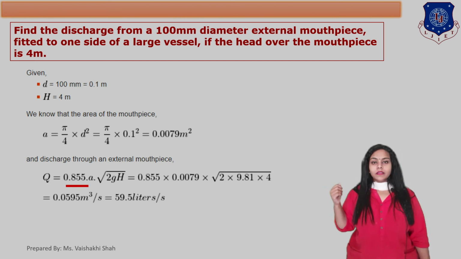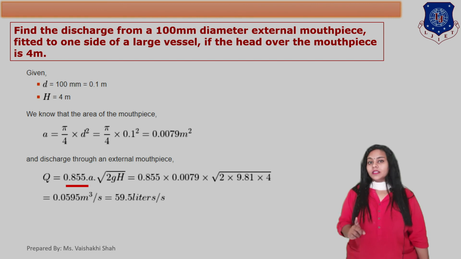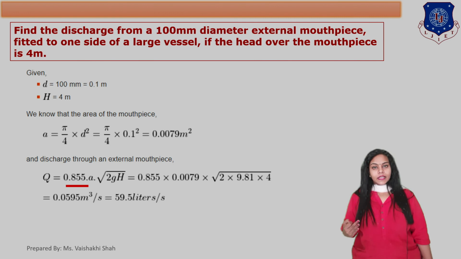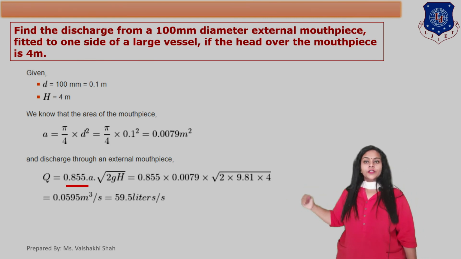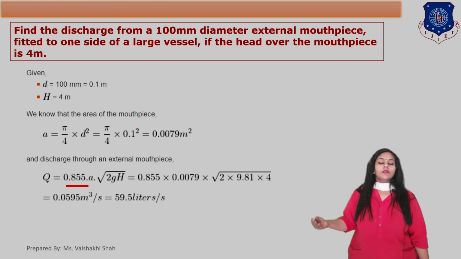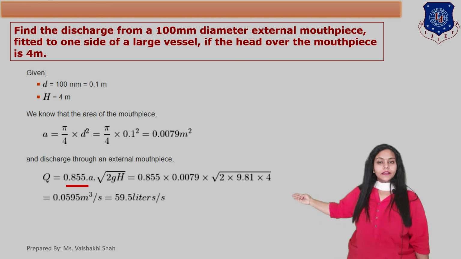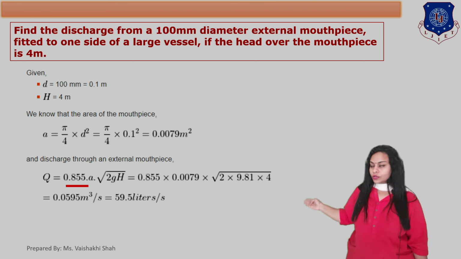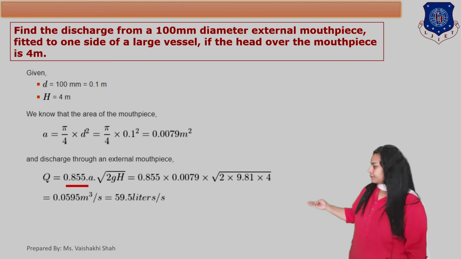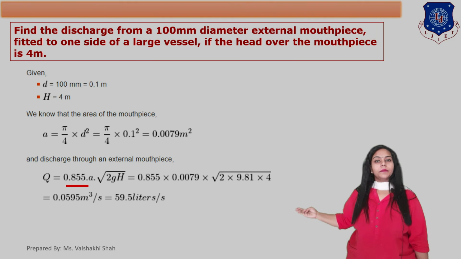You have to remember this value for external mouthpiece only. So Q equals 0.855 into A into root 2gh. Now 0.855, the area is 0.0079, into under root 2 into 9.81 into 4. So your final answer for discharge Q is 59.5 liter per second.